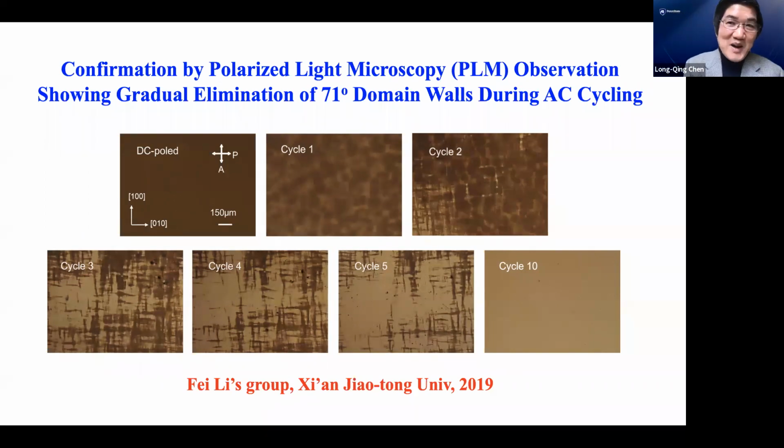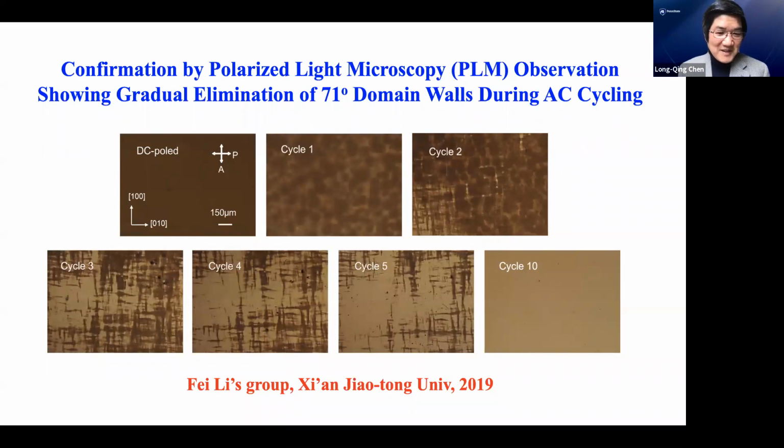I was told by experts in PFM that those are really only surface-sensitive methods, probing the polarization domain structures near the surface, like 10 nanometers. But these are pretty good-sized crystals, and on the surface, because of polishing and defects, what you see does not necessarily reflect the domain structure inside the crystal.